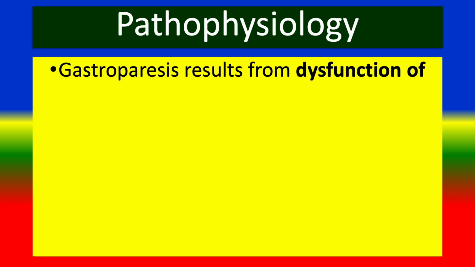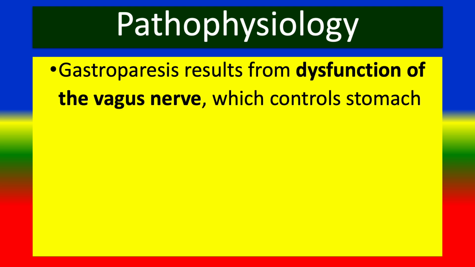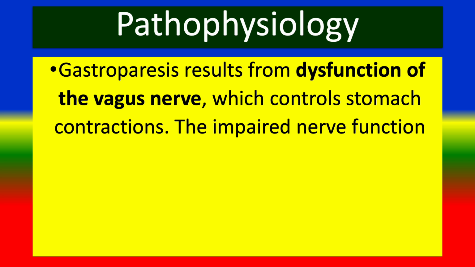Pathophysiology. Gastroparesis results from dysfunction of the vagus nerve, which controls stomach contractions.